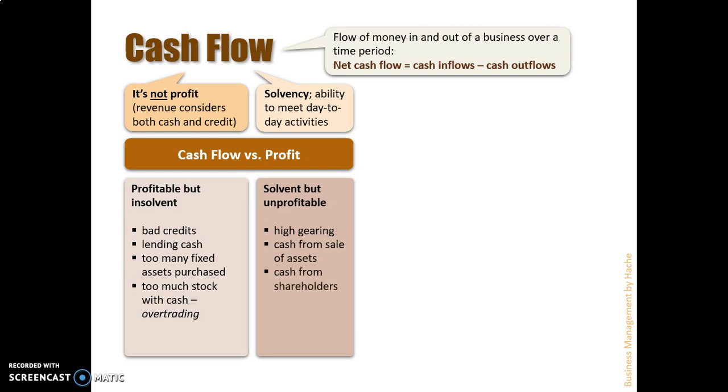Getting cash from shareholders providing cash to keep the business running again would make the business solvent, but it wouldn't really make it profitable unless you actually sell and get some revenue and then keep some profit for yourself. So you can be solvent but unprofitable. You can be profitable but insolvent.